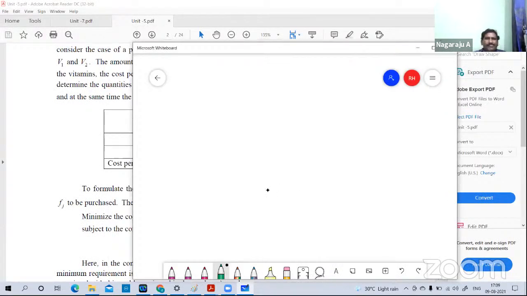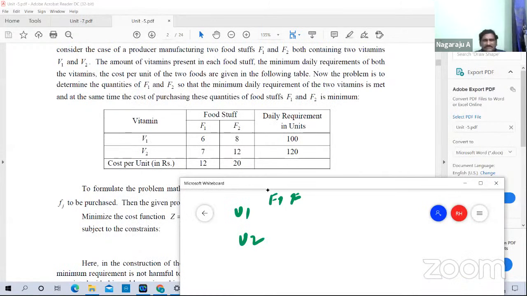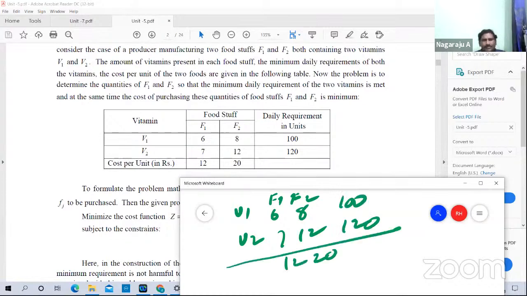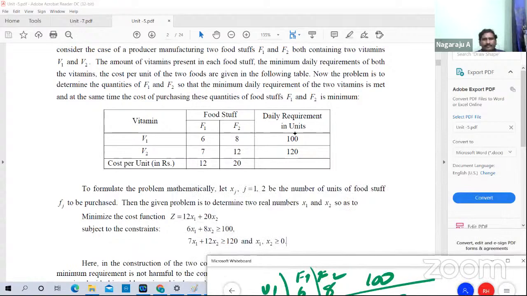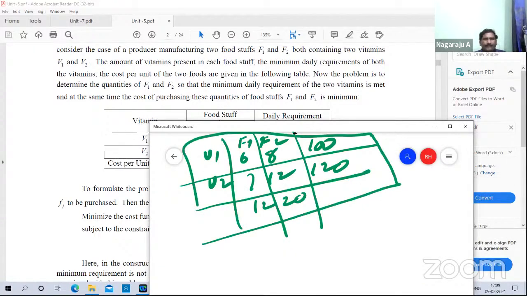Now you can see here vitamin 1 and vitamin 2, and this is 6, 8 and 7, 12. This is 100 and 120. As per the minimization, it is 12 and 20. This is the cost. This is the given problem.